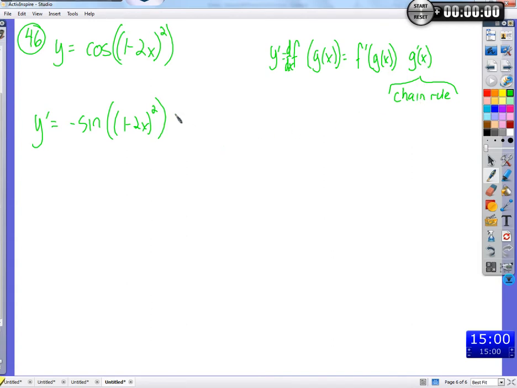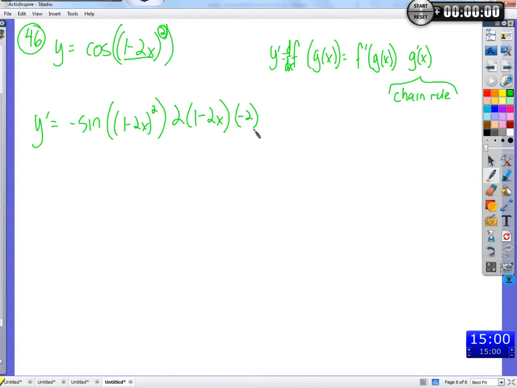So now this function is outside, and this function is inside. What's the derivative of the outside function? 2 times 1 minus 2x. Fine. Okay, then times the derivative of the function inside of that one, minus 2x, just negative 2, and we're done. Right? We've gone all the way in.